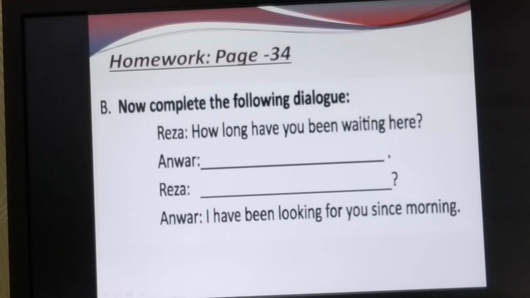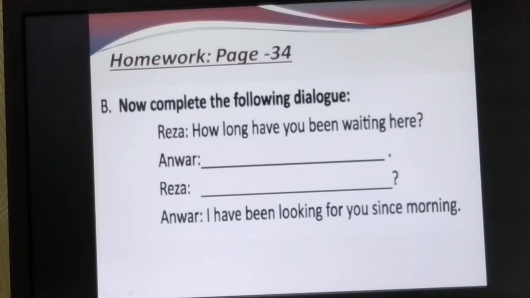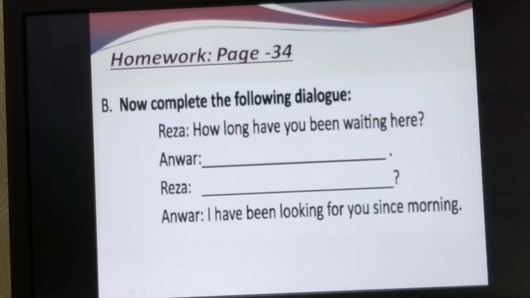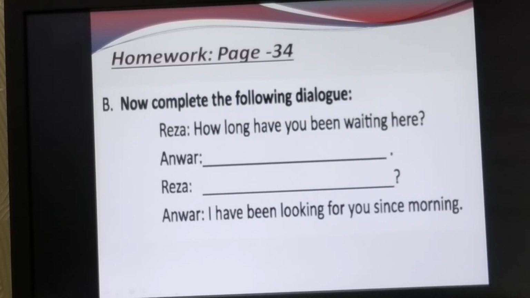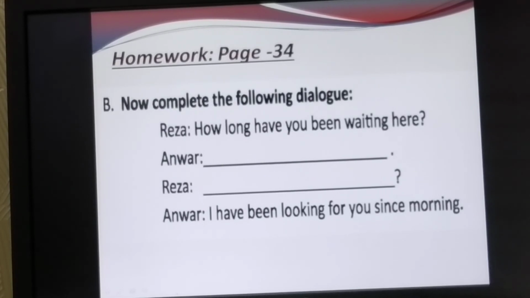So Reza asks the question using present perfect continuous tense. Of course, the answer must be in present perfect continuous tense too. Then again Reza has asked another question, as we can see a question mark at the end. And then Anwar replied, I have been looking for you since morning.